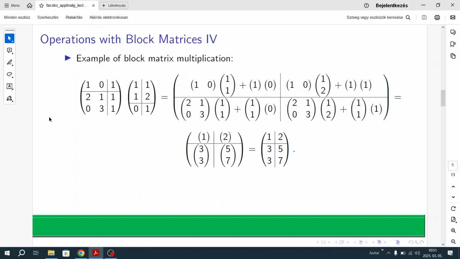I would need a pointer, or perhaps on the computer I can put. So this is the first element of the first matrix.